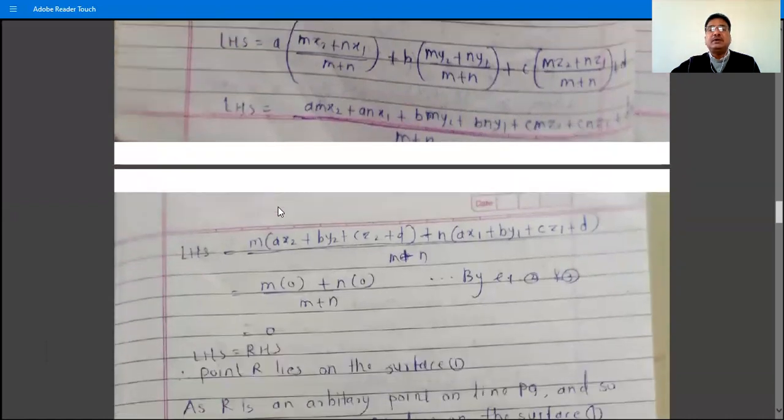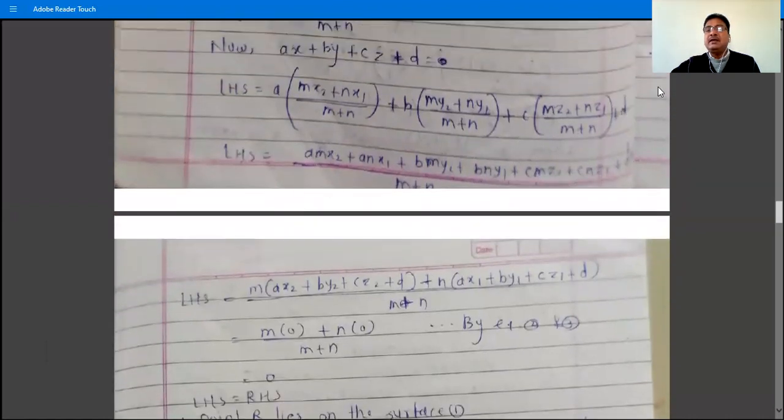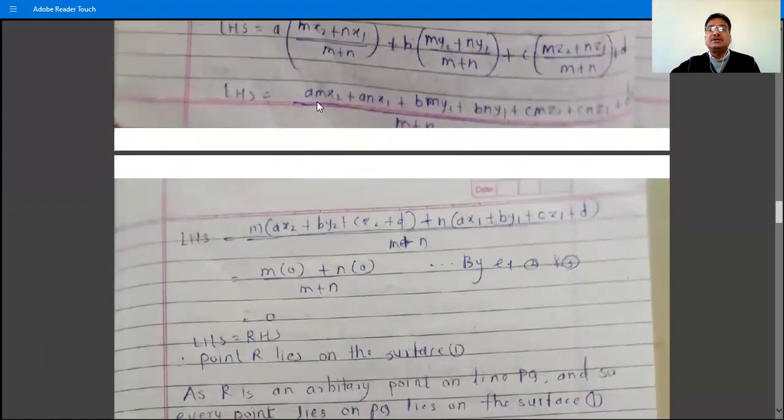The next step is what? d in bracket (m plus n) means dm plus dn. Then collect these terms.